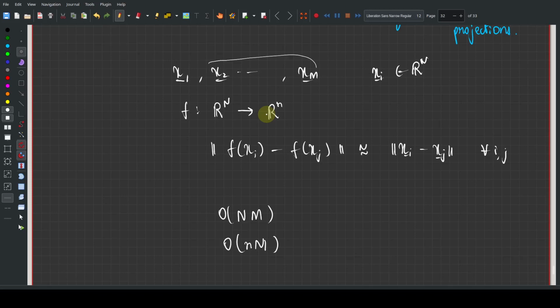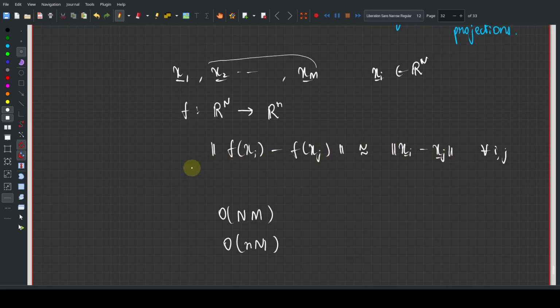It would depend on capital N, right? It would depend on m, right? And potentially also depend on whatever the parameters that define this approximate distance guarantee.